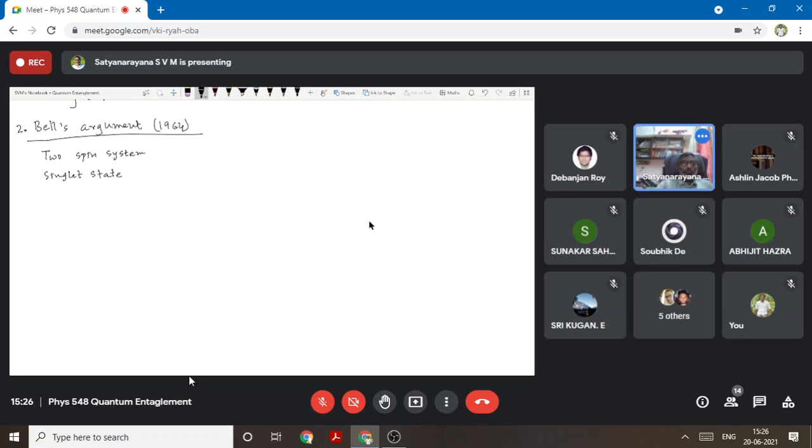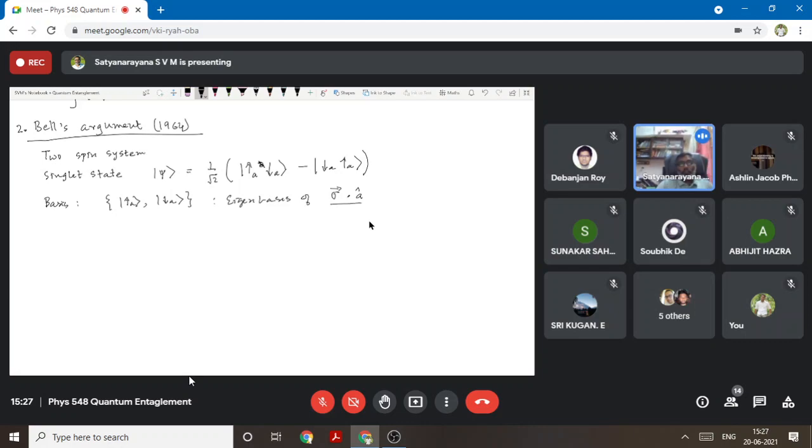Let me write down the singlet state, 1/√2, with respect to some arbitrary axis A. Instead of choosing Z, I would have chosen A. That means the basis that I have chosen here is the up A, down A basis, and this is an eigenbasis of an operator called sigma dot A cap.